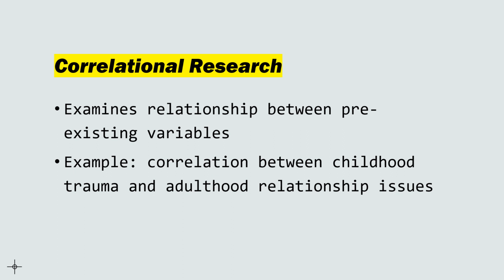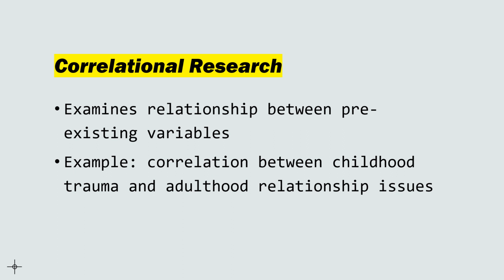So let's see, I have an example here. Okay, so let's say we're looking at the correlation between childhood trauma and adult relationship issues. We want to know if, whenever you're a kid, you have traumatic experiences, does that affect your intimate relationships as an adult?